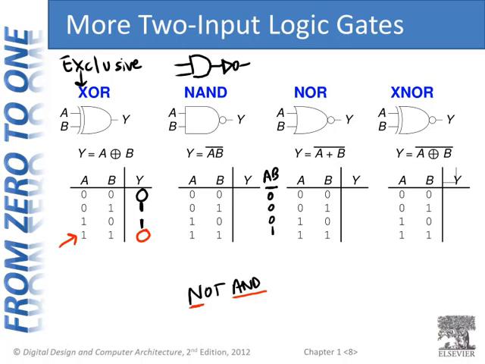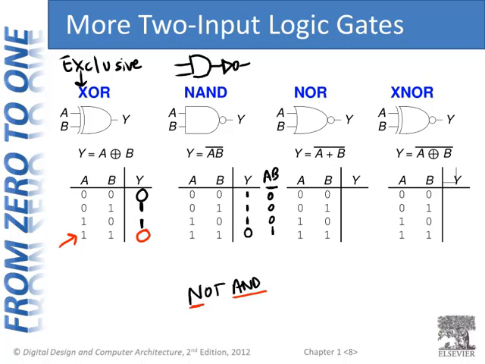So here's our AND function, and so it's the inverse of that. Wherever the AND function was false, NAND will be true. So NAND is the opposite of AND.